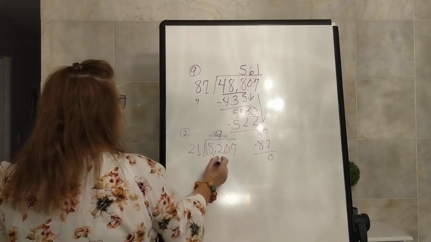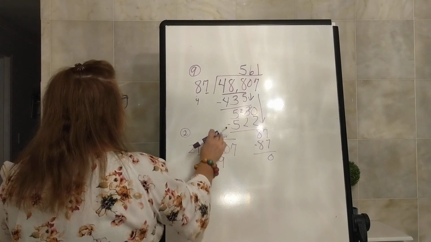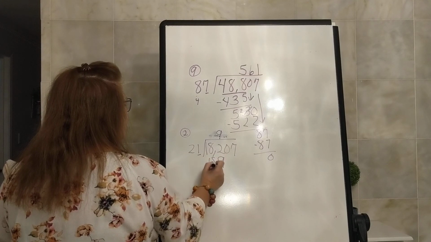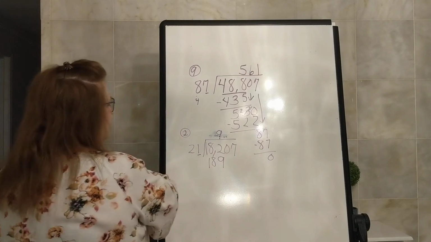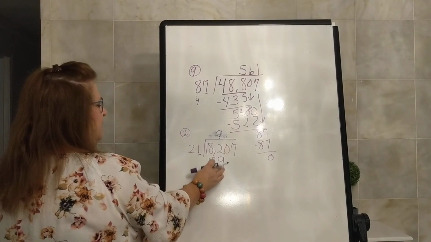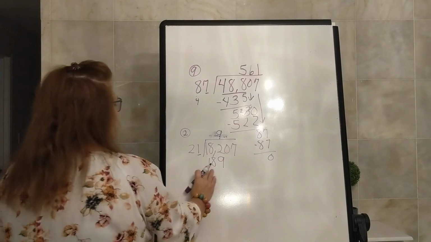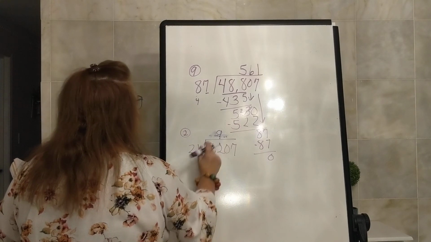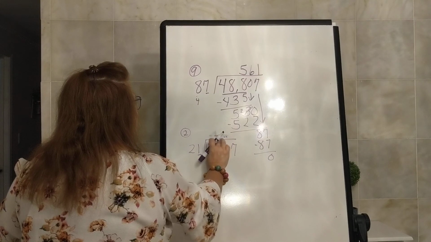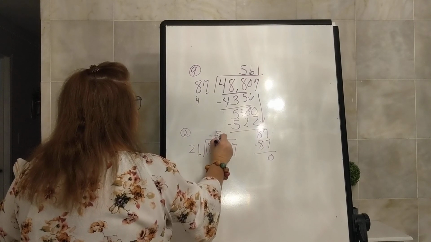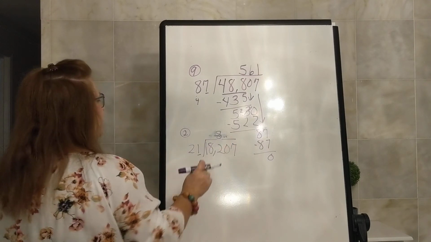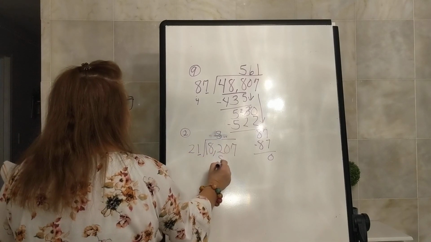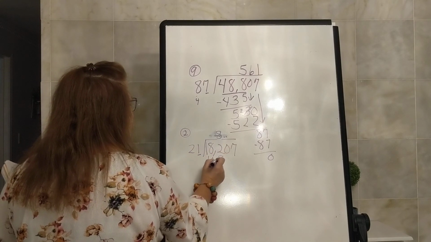9 times 1 is 9. Look what's going to happen, guys. 9 times 2 is 18. Can we subtract 189 from 182? No. So instead of a 9, we're going to have to use an 8. We're going to have to put an 8 above our 2. Now we have 8 times 1 is 8. 8 times 2 is 16.